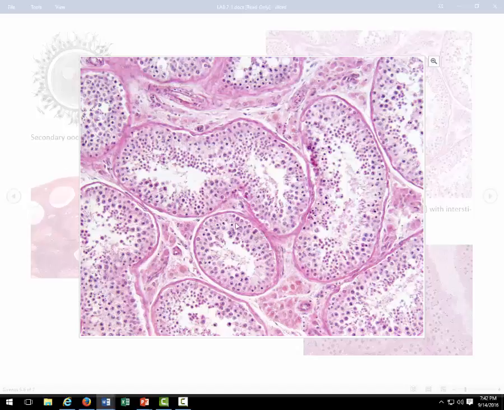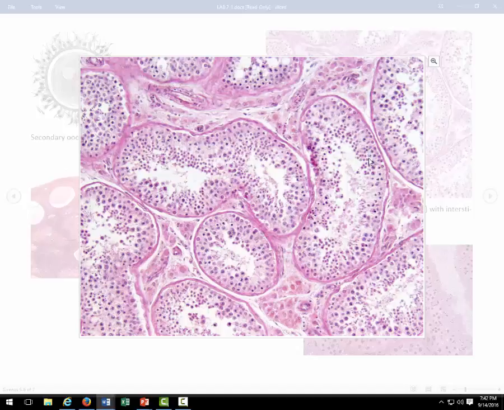If you see a cell pointed on the edge, spermatogonium. How many chromosomes? 46. If I point to these cells here that don't have tails yet, what would these be? Spermatids. What's the description for chromosome number? 23, haploid, or N. Okay.